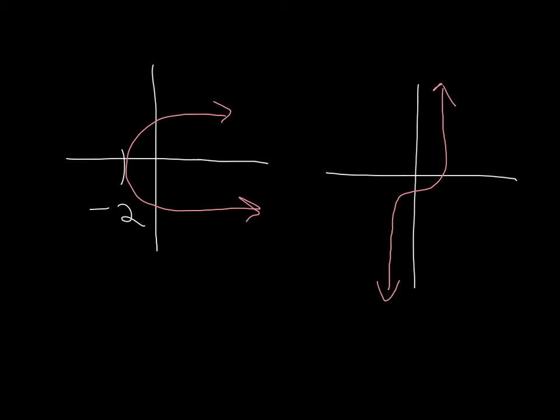So with my domain now, I have to think about it backwards. I have to think about what is the smallest value that x can be. And in this case, I can see that the smallest value is going to be that -2. And then the largest value it can be, well, it's going to go all the way to infinity for my domain.